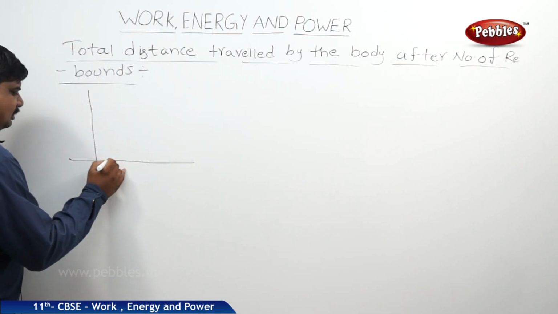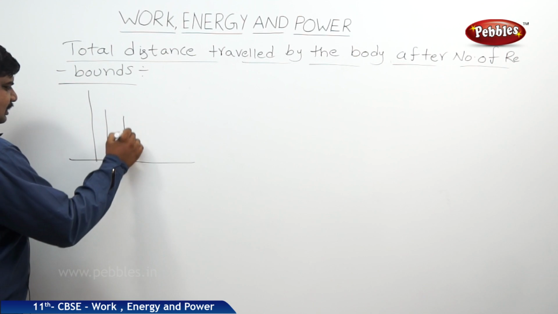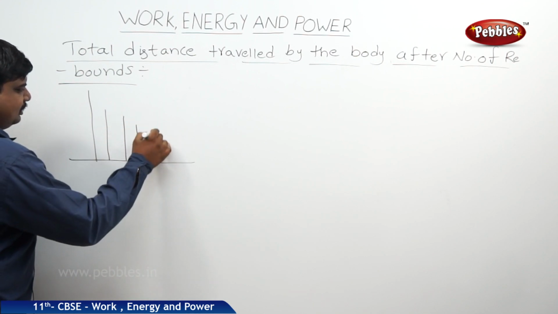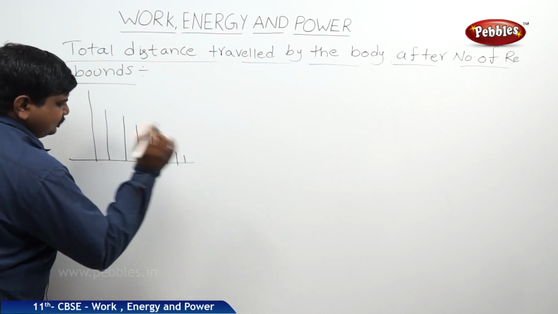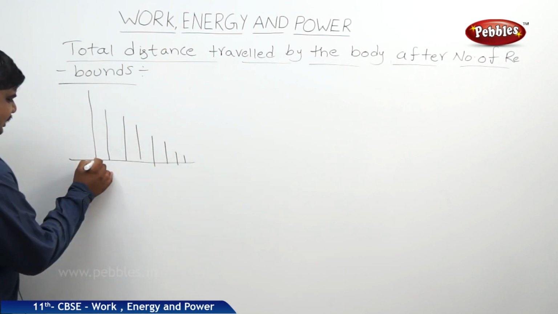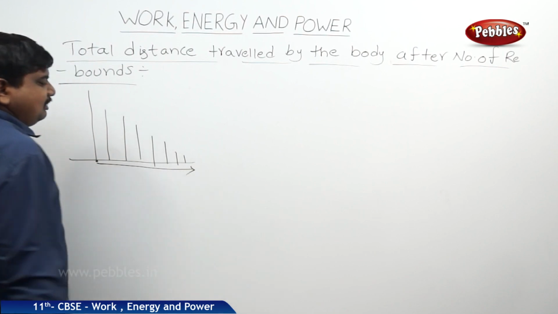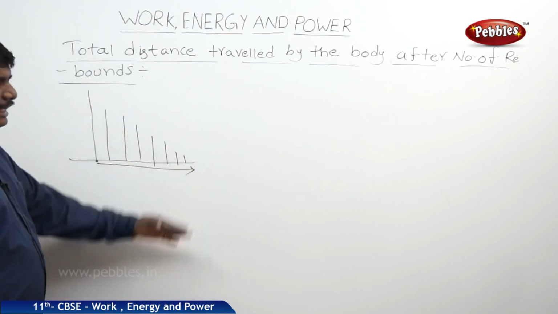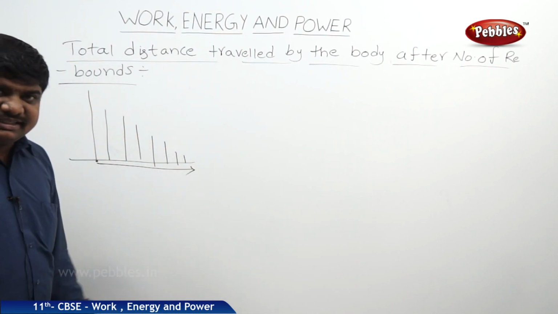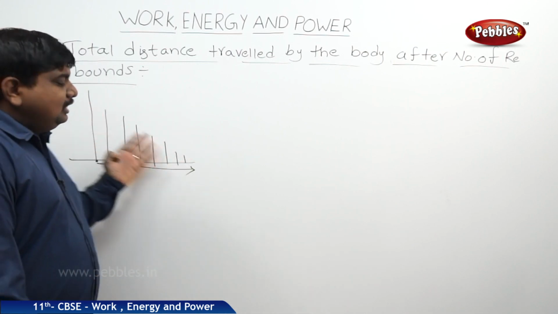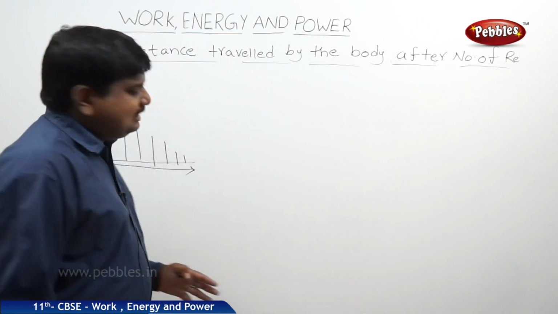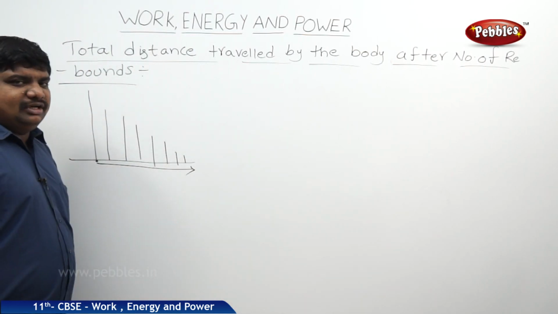This is one bounce. After that it will reach this much height, next this much, next this much, and continuously decreasing and approaching 0 like this. So from here to here, what is the distance traveled by the body? Many factors influence the motion of the body: friction, coefficient of restitution, the effect of gravity.